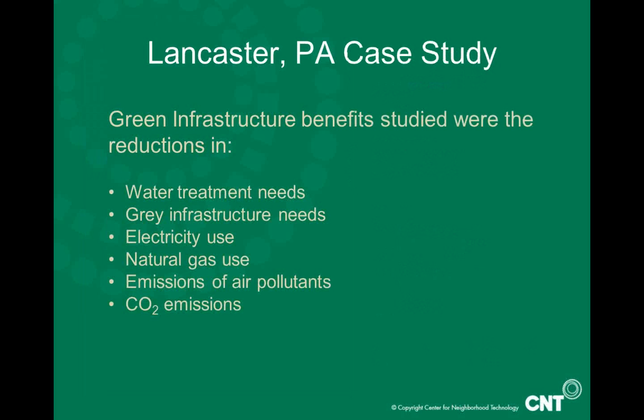So this group all worked together on this, but CNT was using its guide that I just talked to you about, and we went through an exercise, and there was a series of the benefits, not all of them, not all 18, but these 6 individual benefits were looked at: the water treatment costs and the reductions in those treatment costs, the reduction in gray infrastructure needs based on putting in green infrastructure, the reduction in energy use, electricity use, natural gas use, the way we talked about before, a reduction in emissions of common air pollutants, and the reduction in CO2 emissions in the context of climate change.